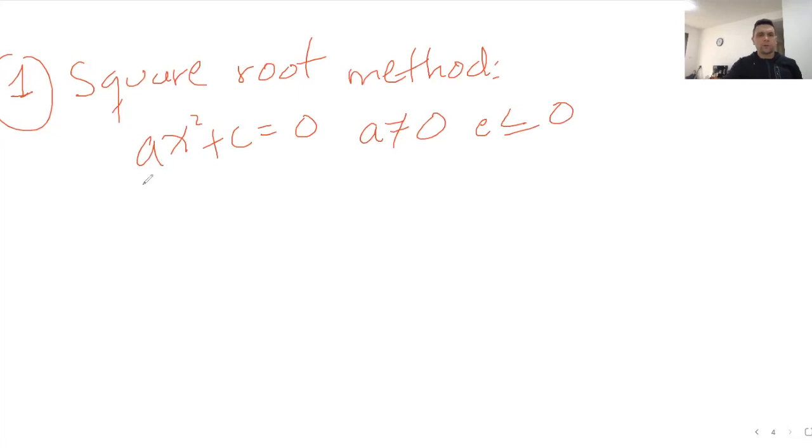All right, so an example like this, right? So we know a is 1, so it's not equal to 0. C is less than or equal to 0.